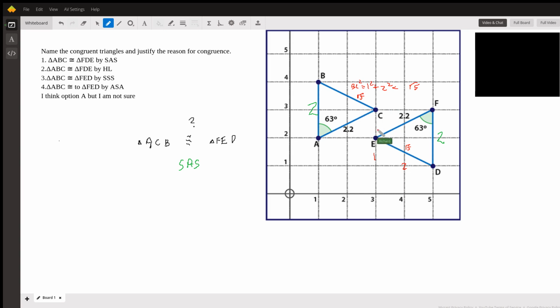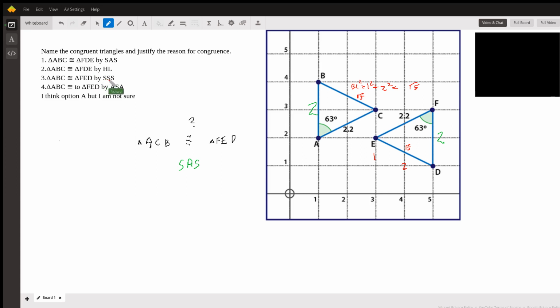But now I've just proven that they're congruent by side, side, side. However, you see the congruent statement here is not written correctly. A and F are congruent. But B and E, B is across from the 2.2, E is across from the 2. So B and E won't be congruent.